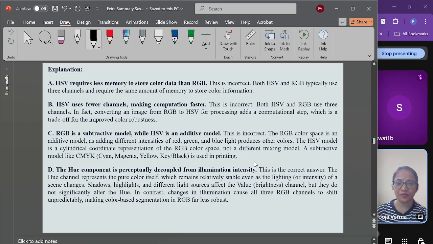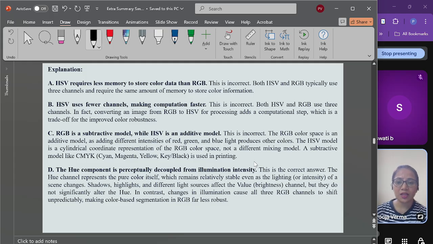The next option is HSV uses fewer channels, making computation faster. This is also incorrect because both use three channels. In fact, converting an image from RGB to HSV for processing adds a computation step, which is a trade-off for the improved color robustness.